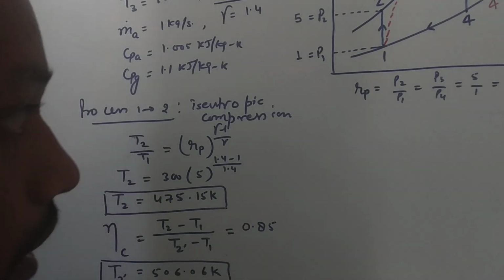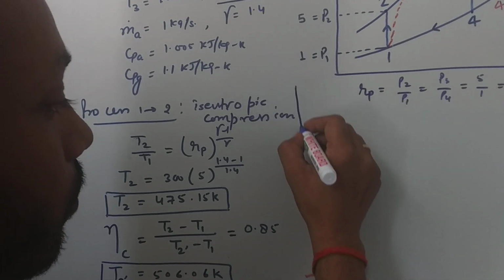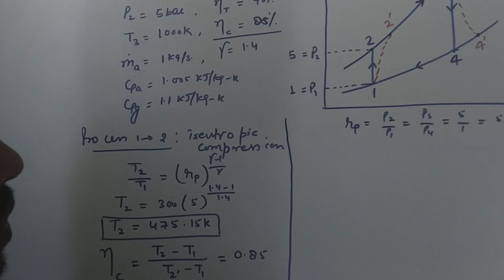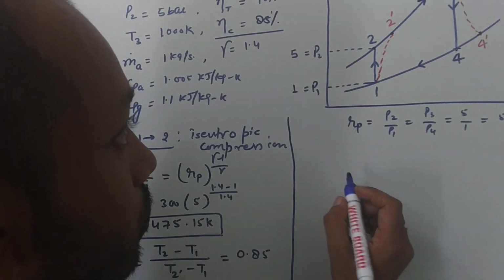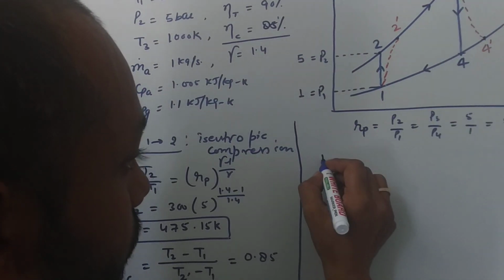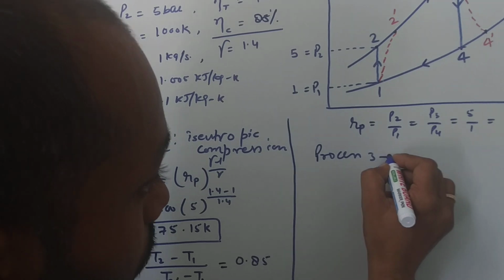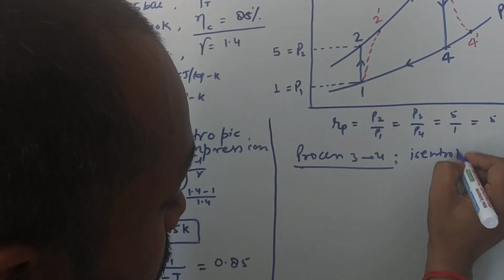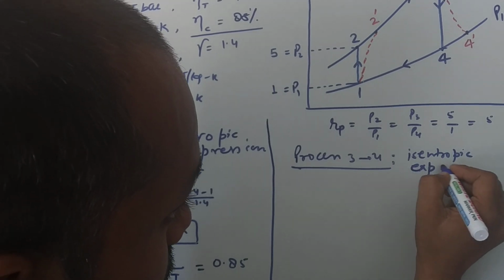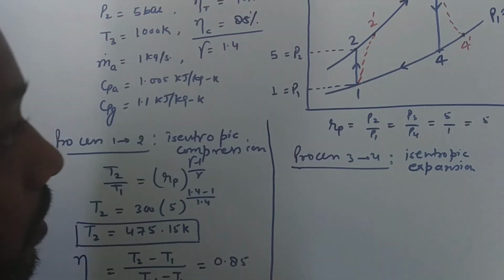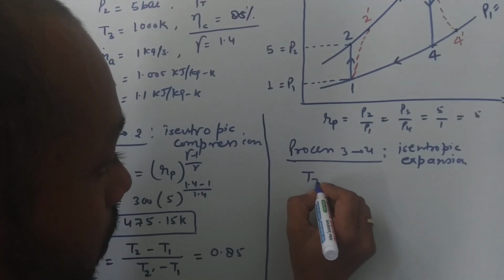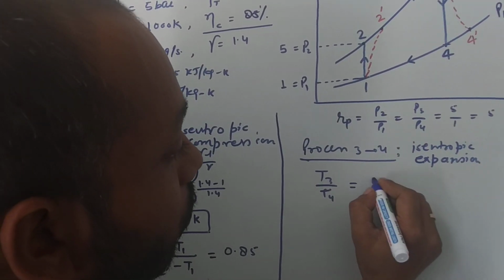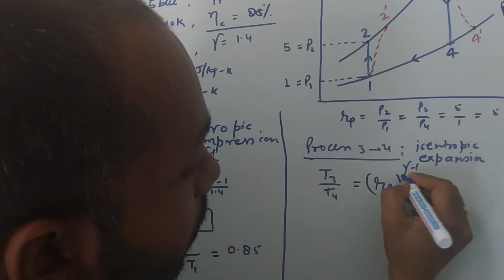Now we will find the values of T4 and T4 dash. To calculate T4, we can use the isentropic expansion law, since process 3 to 4 is isentropic expansion in the turbine. So T3 by T4 is equal to Rp to the power gamma minus 1 over gamma.